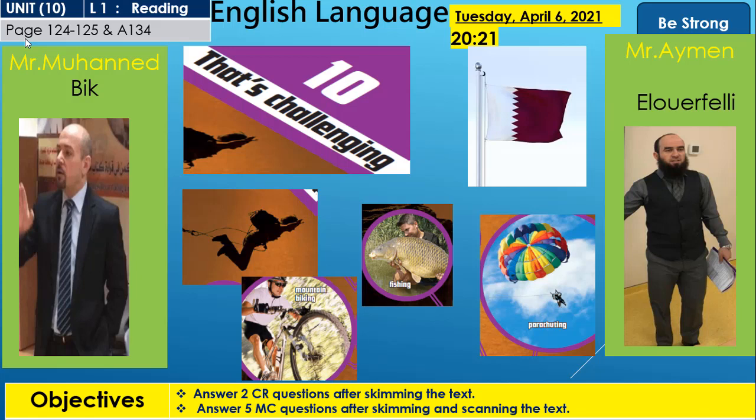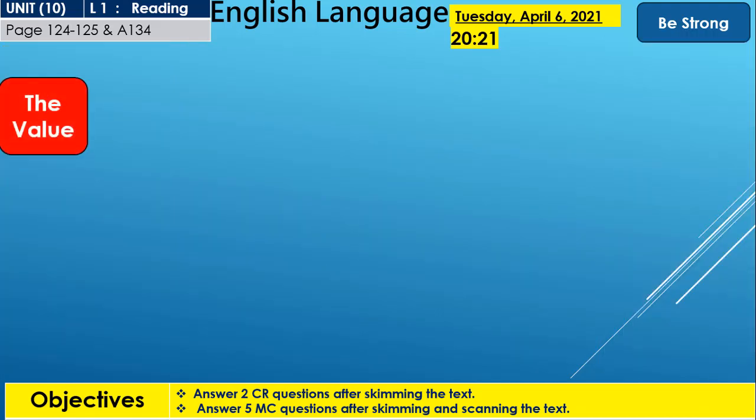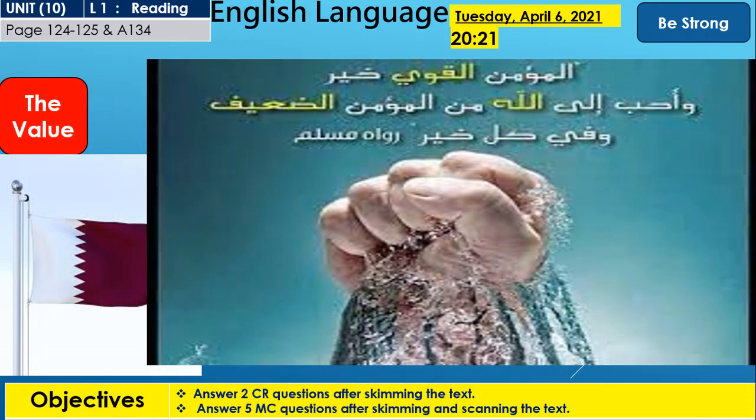It's a reading lesson that will be divided into two videos, so try to pay attention, and let's start with our values and how we can participate in building a Qatar that we love and that we will be proud of.